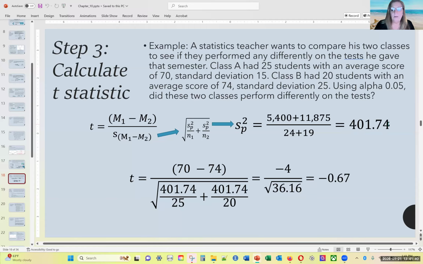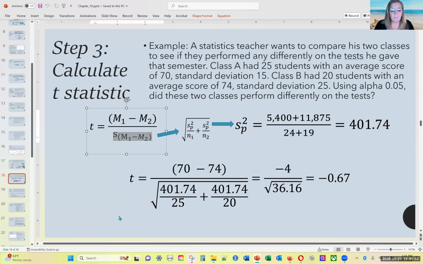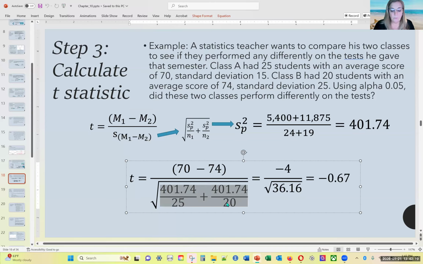All right, so I have that repeated up here. Almost lost track. For our pooled variance, it was 401.74. So remember, here is that pooled variance right there. The mean for group 1 was 70. The mean for group 2 was 74. And now we calculate our t-statistic, right? We take that pooled variance of 401.74 and divide by the n for each group.